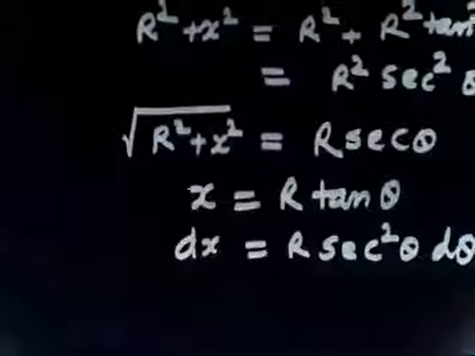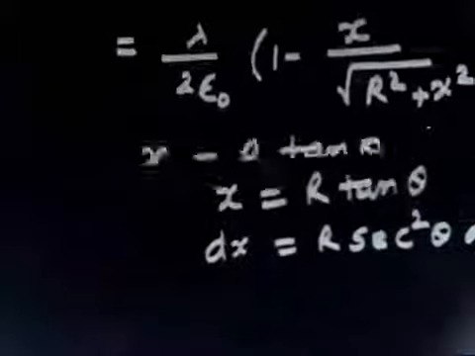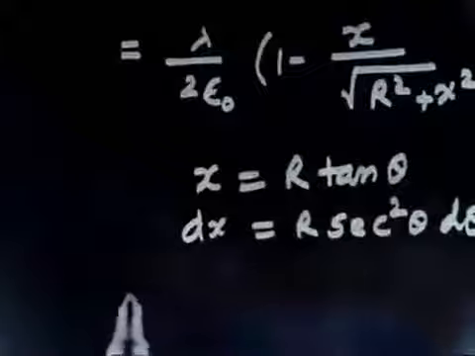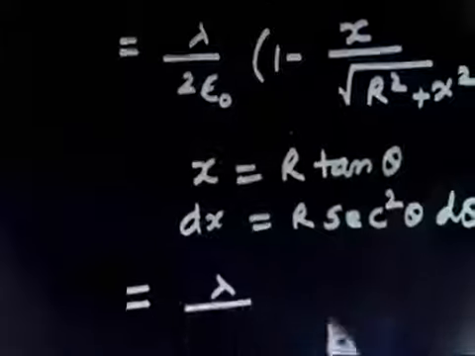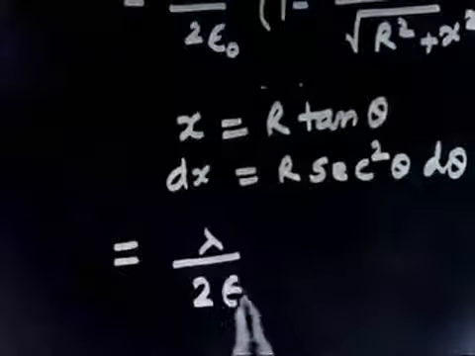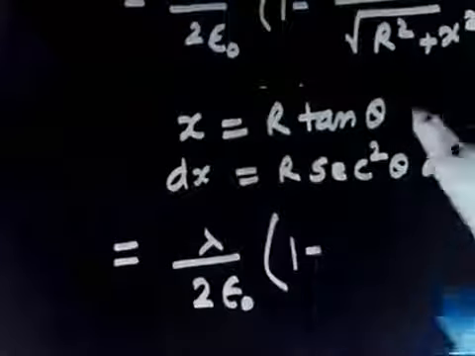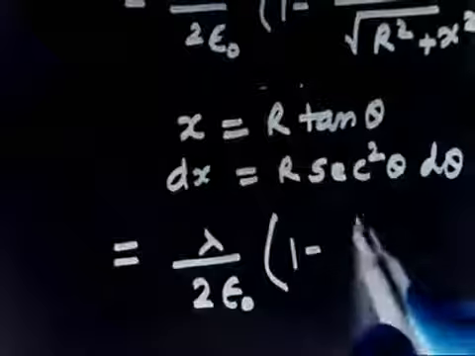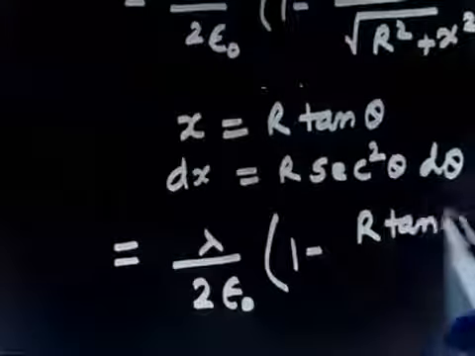If I plug these values in the given integration, I will have lambda by 2 epsilon naught. I think you are able to see this one. 1 minus, and this is x. x is r tan theta, so I will have r tan theta on the top.